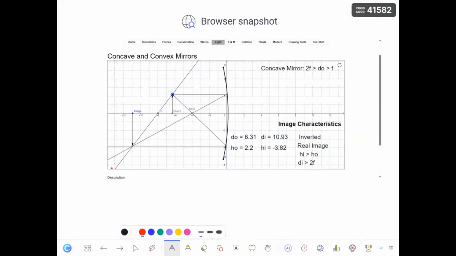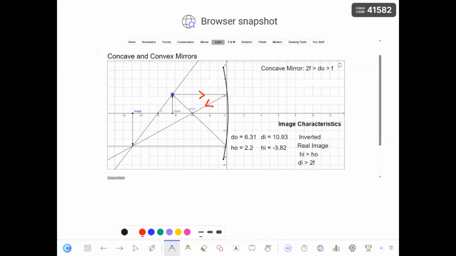Okay, I would like to show you these three rules again. You can draw many lights radiating from the object, but I will always draw these three. This is the object. This is the incident light, and it is parallel. What is going to be the reflected light? It passes through the focal point. Good?